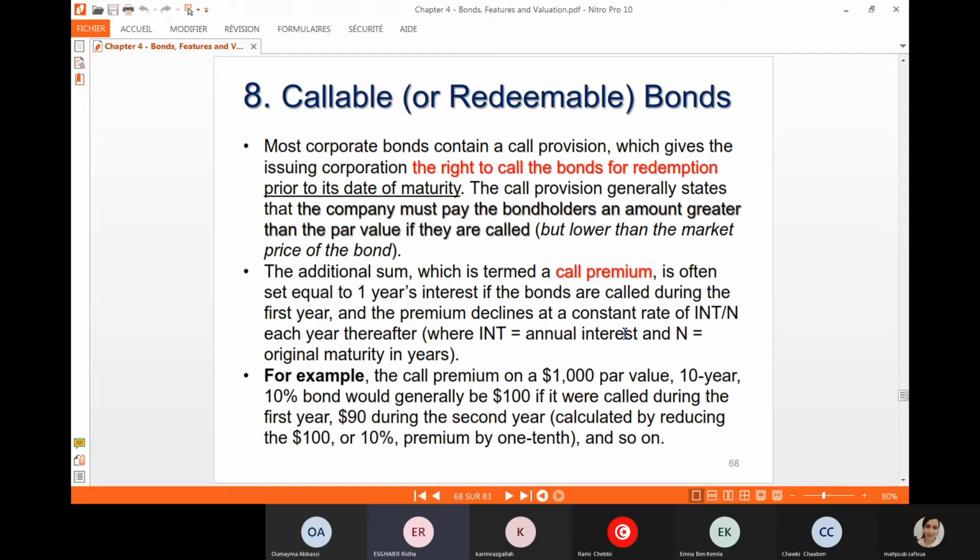For example, the call premium on a 1000 par value bond with 10 years until the maturity and 10% coupon rate would be how much? The interest for 1 year. If we call it 1 year from now, the interest of 1 year is 10% times the par value, which is $100.